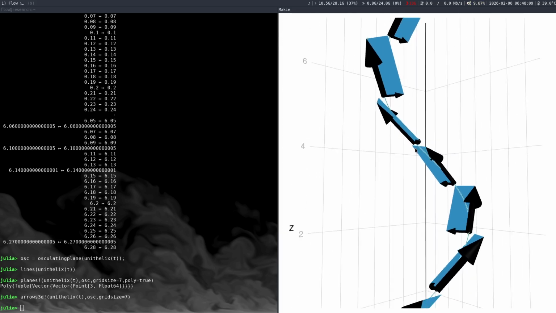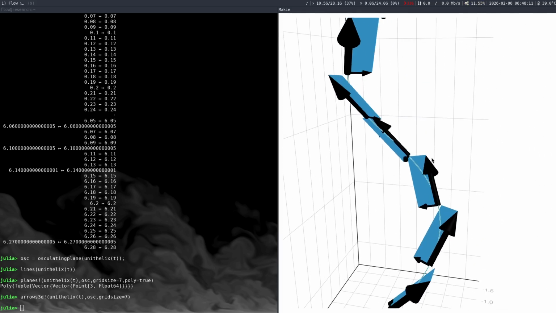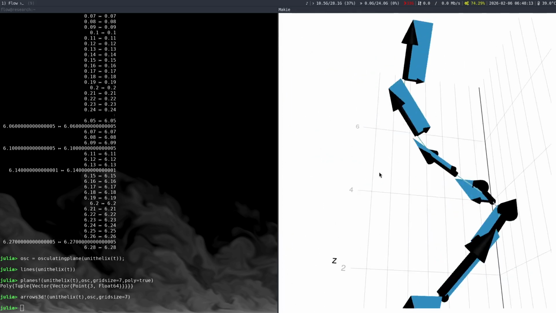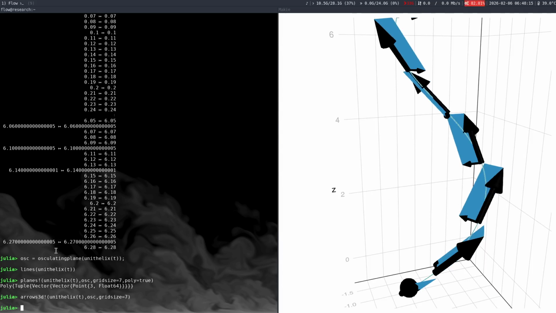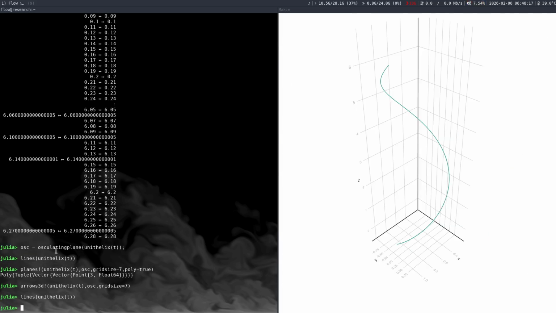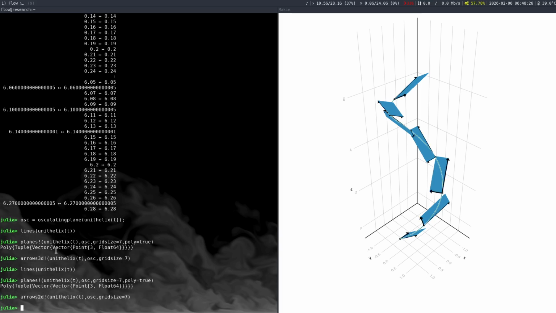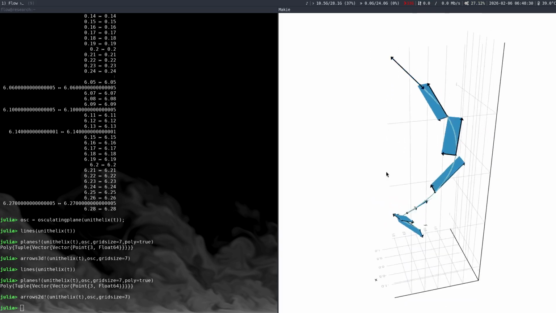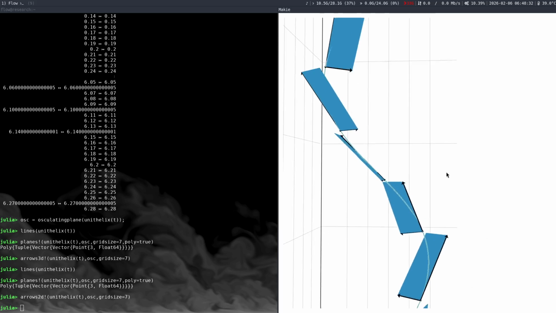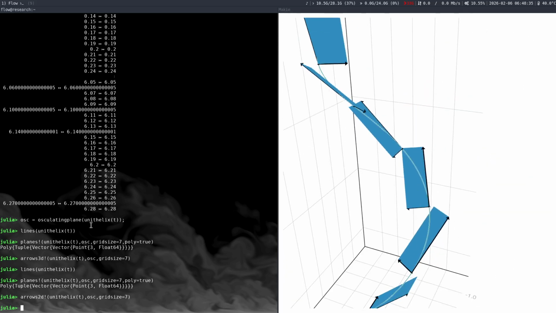So this is what the osculating plane looks like along the helix. Let's try it again. Let's try arrows 2D. Yeah, so you can use different arrow types here.